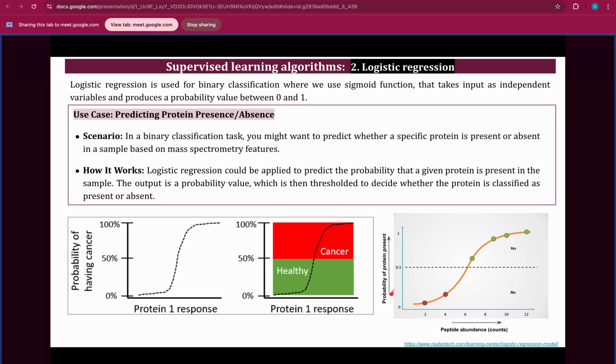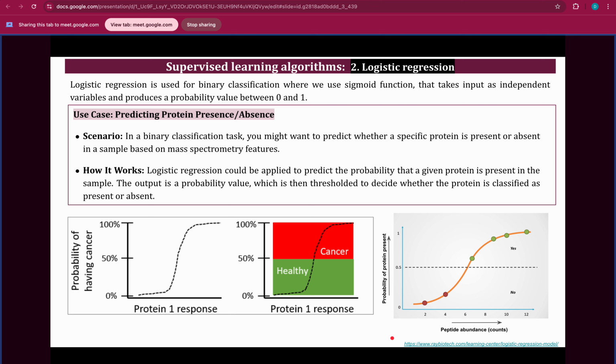In this case, the probability threshold is 0.5. If values exceed 0.5, it means the probability of the protein being present is high, and so the protein is present. Whereas if the value is less than 0.5, we will call it no. So these two categories are decided by us on the basis of the threshold point.